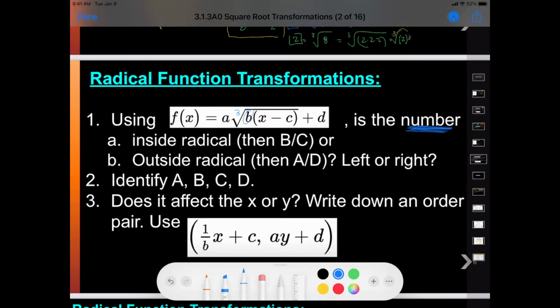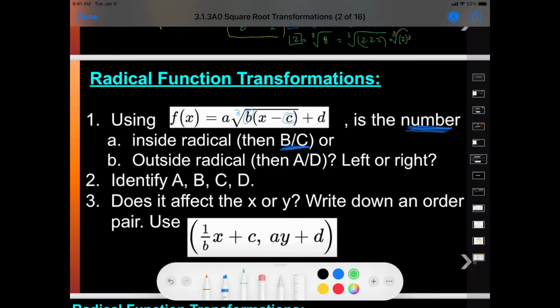Well, the only two letters that are inside are b and c. c is our horizontal translation, and b is going to tell us if it reflects over the y-axis or our horizontal dilation, compression.